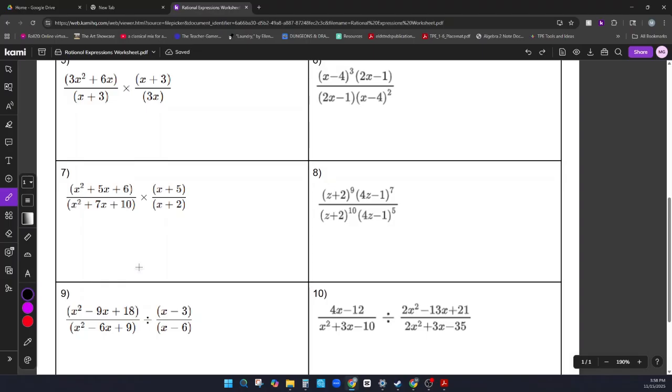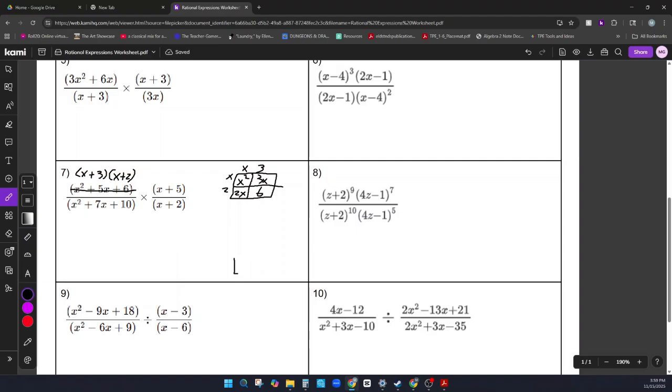Whenever you're given a quadratic like this, I need to factor. In this case, that factoring is going to look like x squared and 6. And in order to get 5, that's going to be 2x and 3x, giving me x and 3, x and 2. So I'm going to rewrite this as x plus 3 and x plus 2.